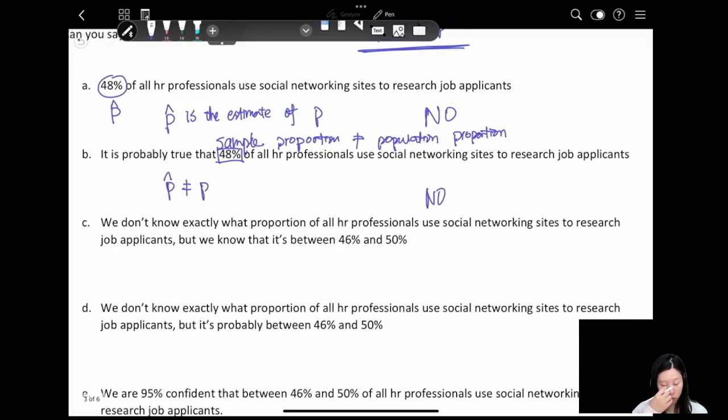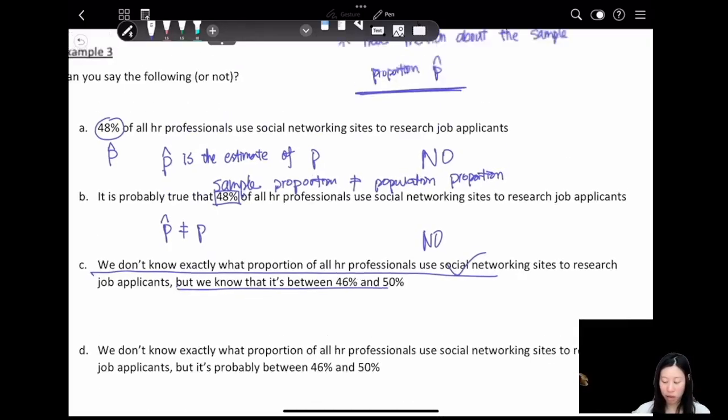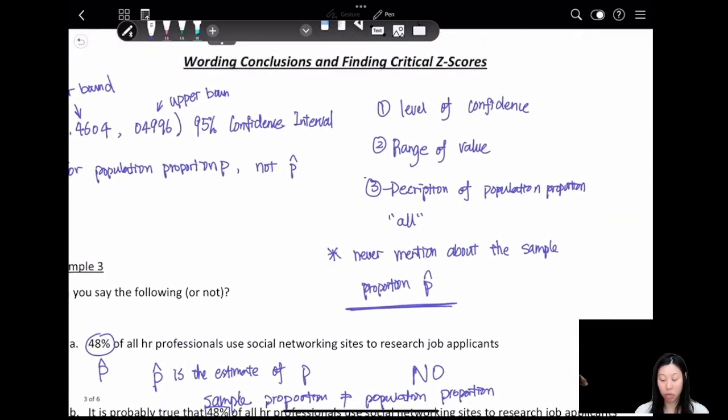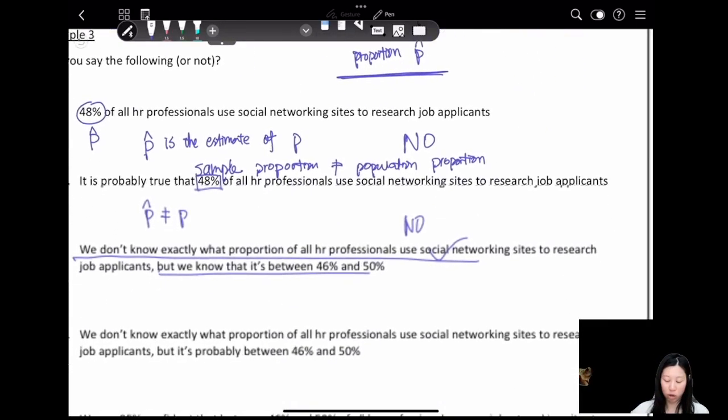So C: we don't know exactly what proportion of all the HR professionals use social networking sites to search job applicants, which is good because we don't exactly know, but we know that it's between 48% and 58%. Okay, so what do we have? Let's see, are they missing any of that? We have level of confidence, range of values, description of the population proportion.